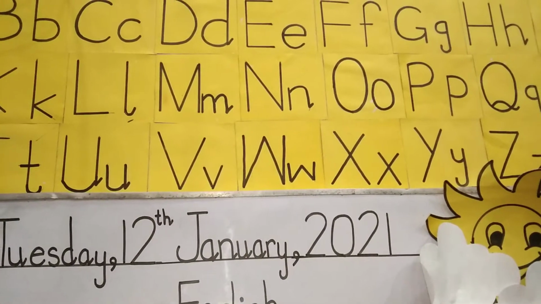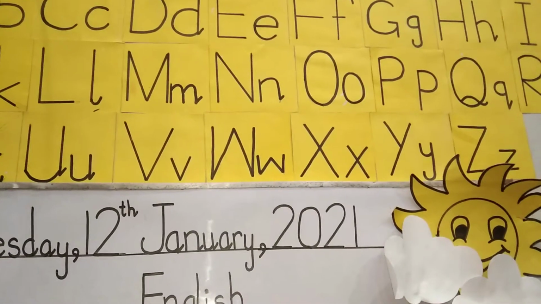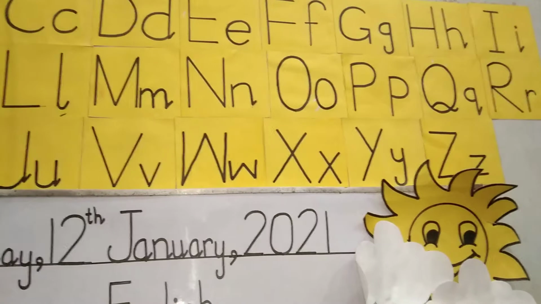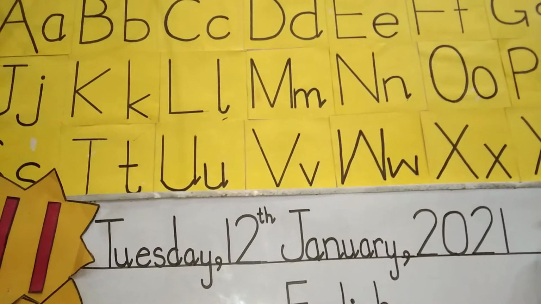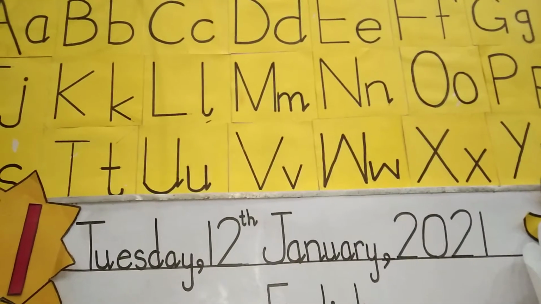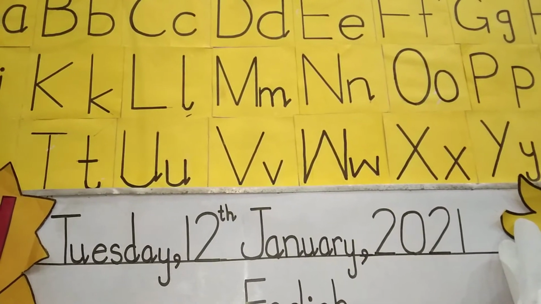G is for gorilla, gorilla. H is for hen, hen. I is for igloo, igloo. J is for juice, juice. K is for kangaroo, kangaroo. L is for lion, lion.